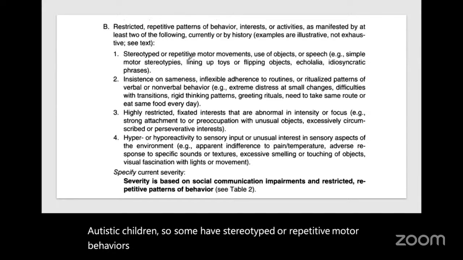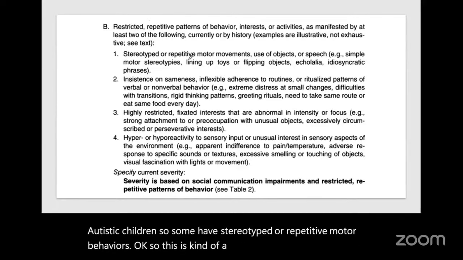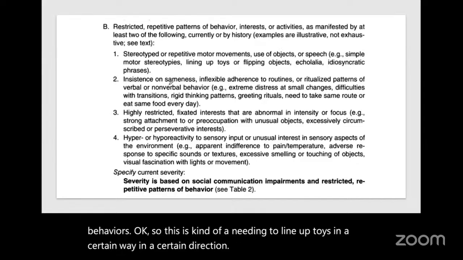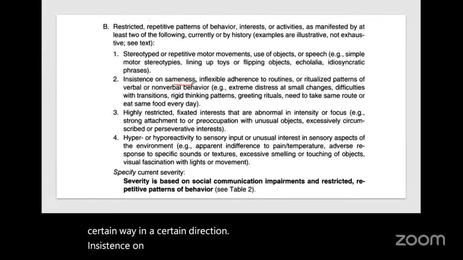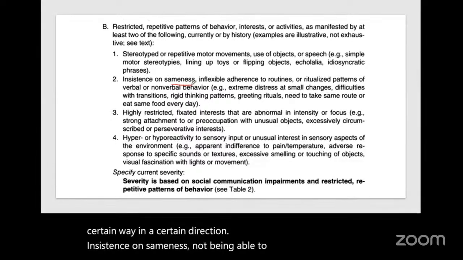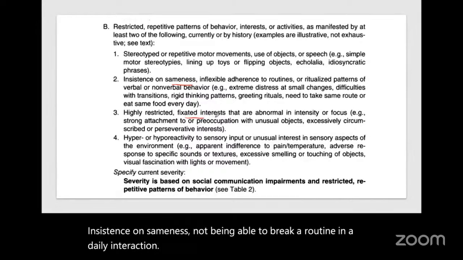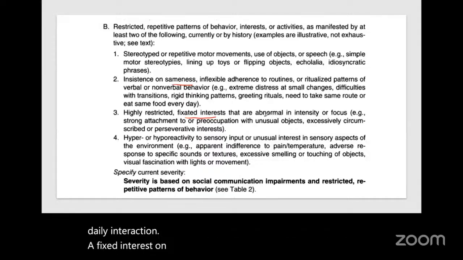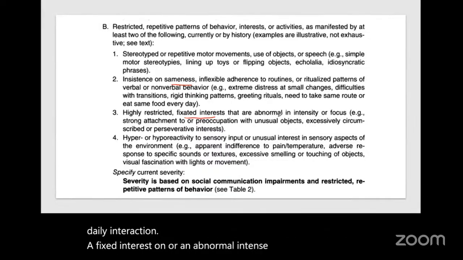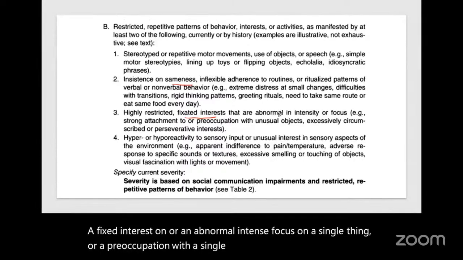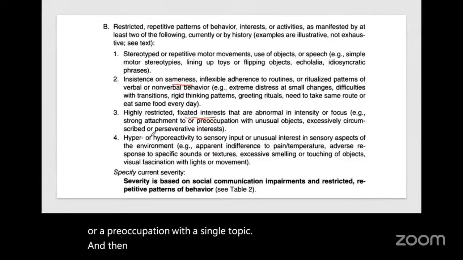So this is kind of needing to line up toys in a certain way, in a certain direction, insistence on sameness, not being able to break a routine in daily interaction, a fixed interest or an abnormal intense focus on a single thing or a preoccupation with a single topic.